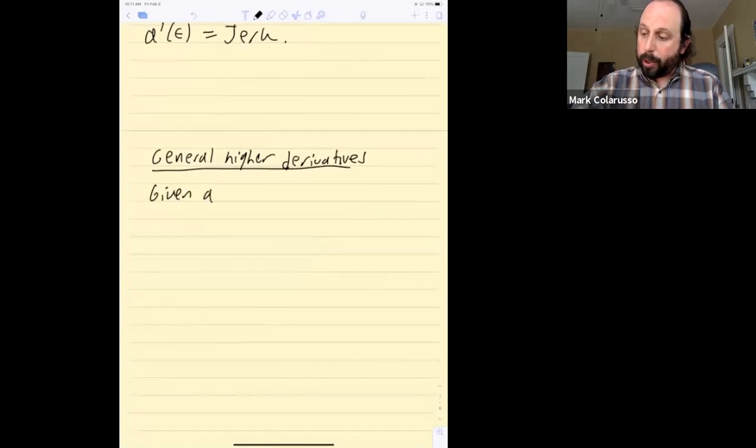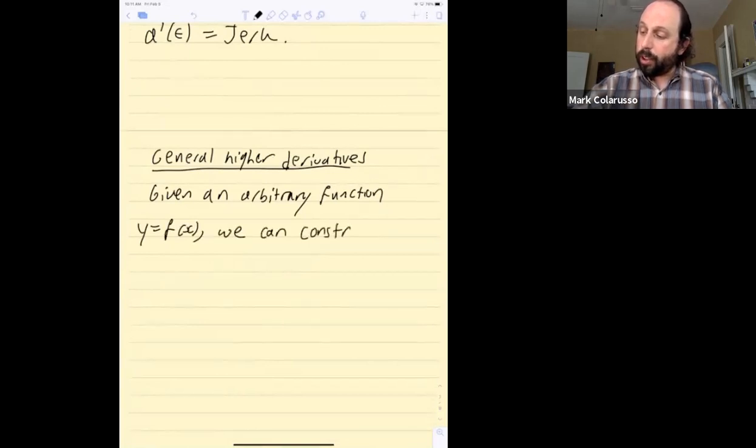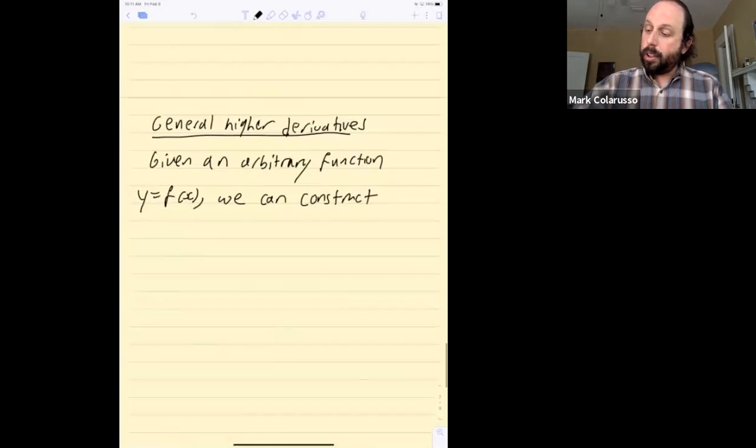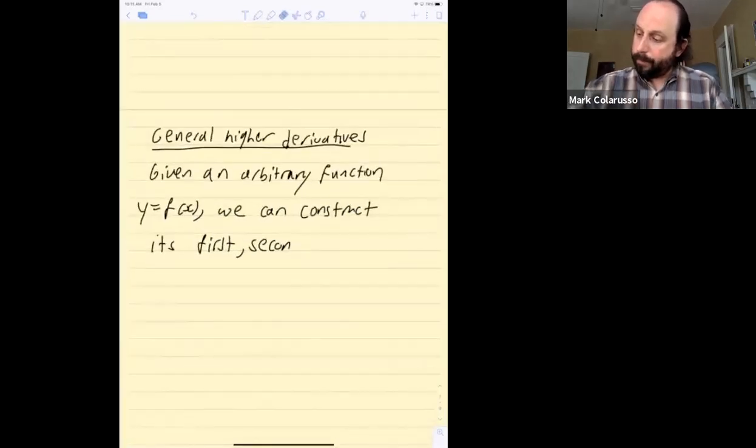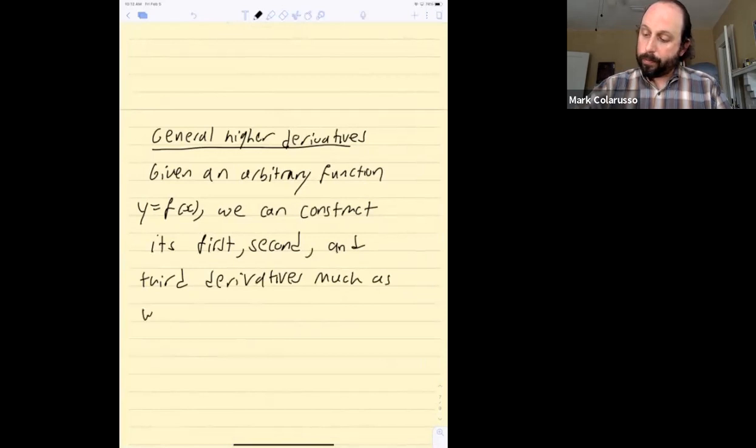Given an arbitrary function, y equals f of x, we can construct its first, second, and third derivatives, much as we did for the position example.